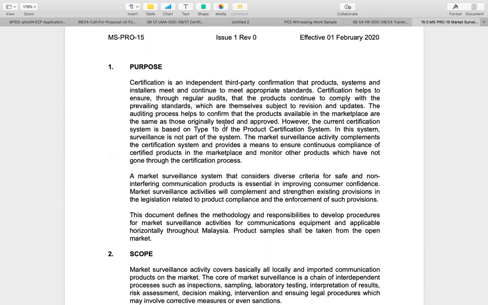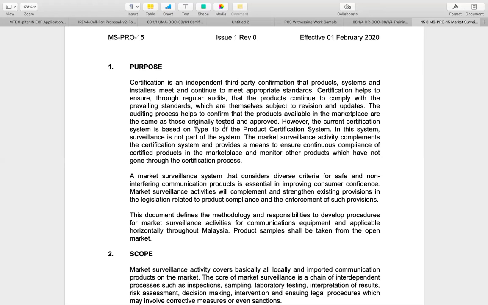Okay. Now we come to the next topic here on market surveillance. So the document is MS Pro 15. We are doing all the certification work here, and our clients are all putting the products on the market. But how sure are we that the products they put on the market are complying with what they have applied?